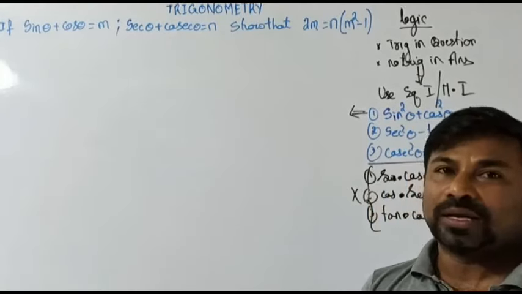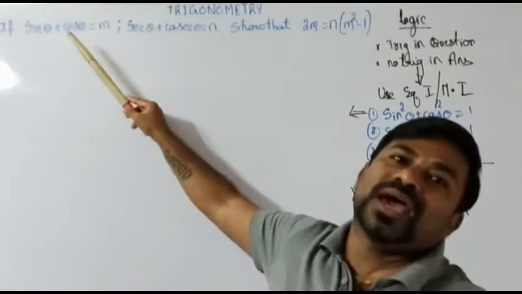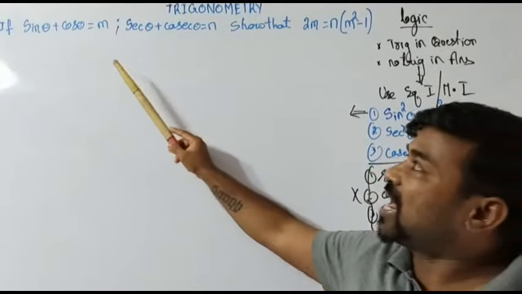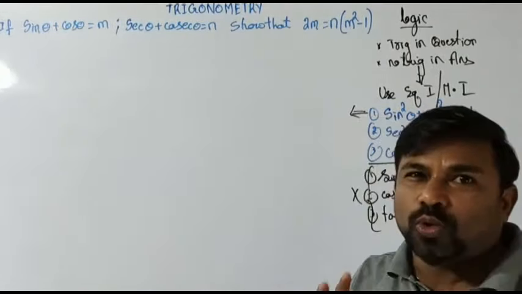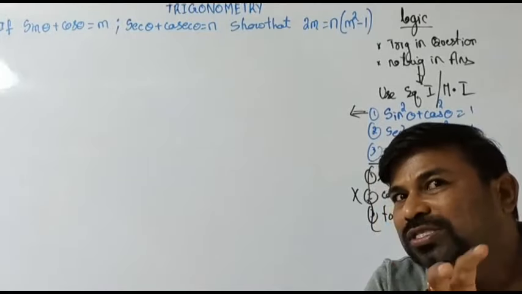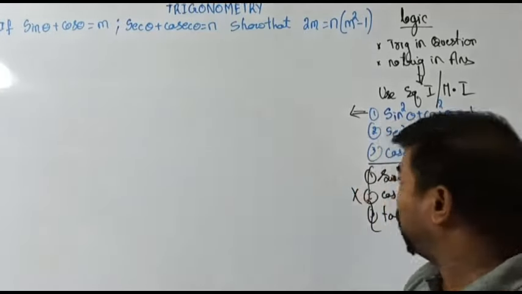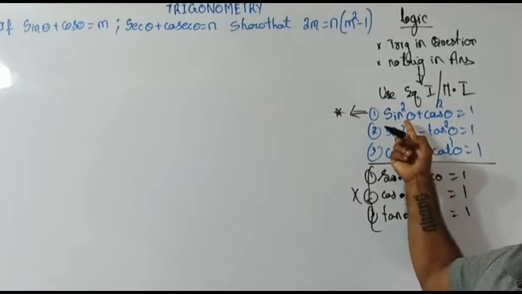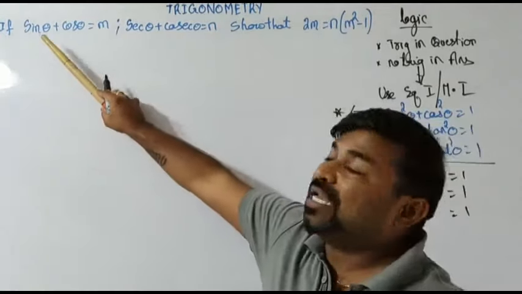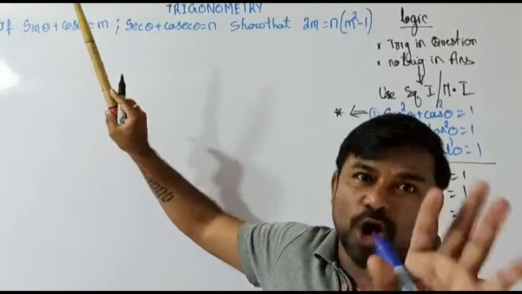And the next one: what kind of trig do we have in the question? We have sine and cos. So, what is the square identity connected to sine and cos? Very importantly, it is the first square identity, which deals with sine and cos.